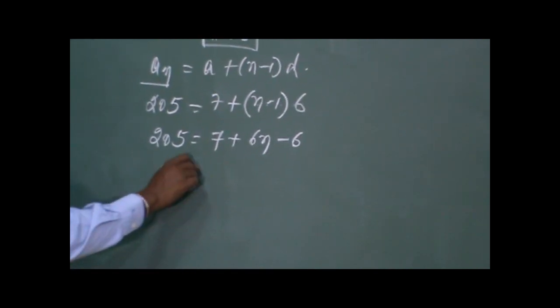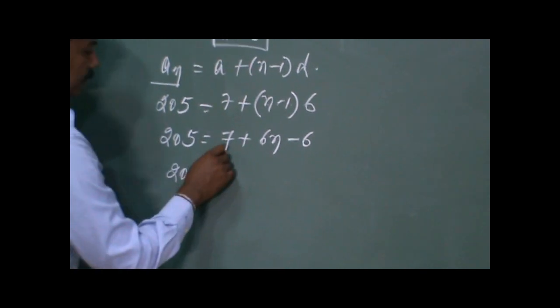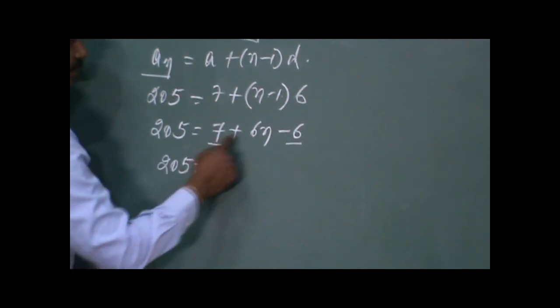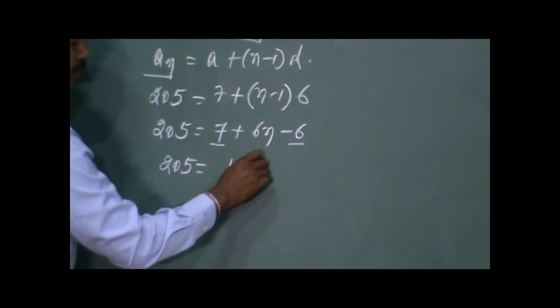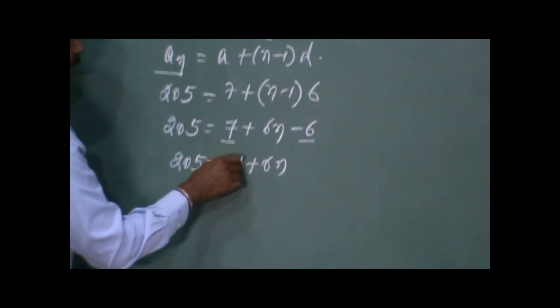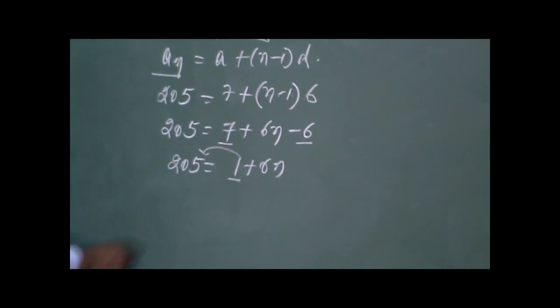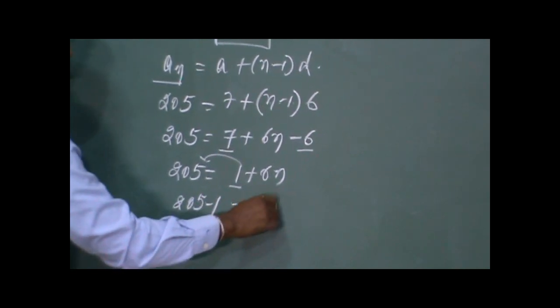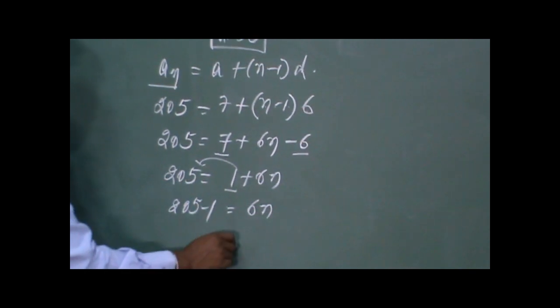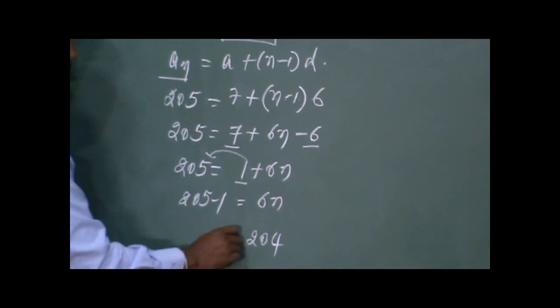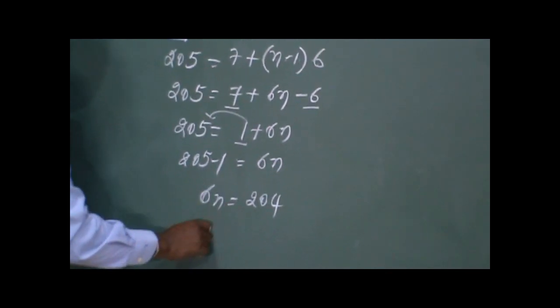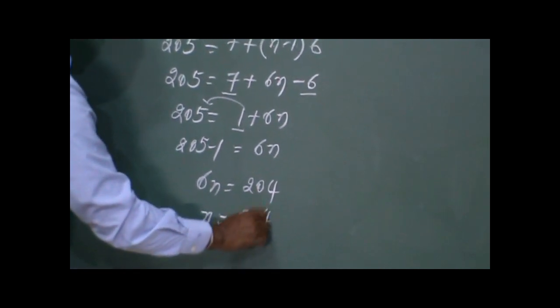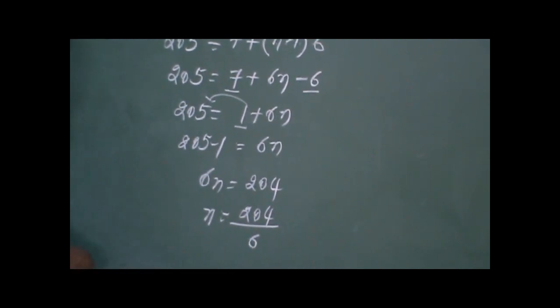So 205 is equal to, simplify the constants, 7 minus 6 is 1, plus 6N. Transpose this plus 1 to the LHS, it becomes 205 minus 1 is equal to 6N. So 205 minus 1 is 204 is equal to 6N. N is equal to 204 by 6.